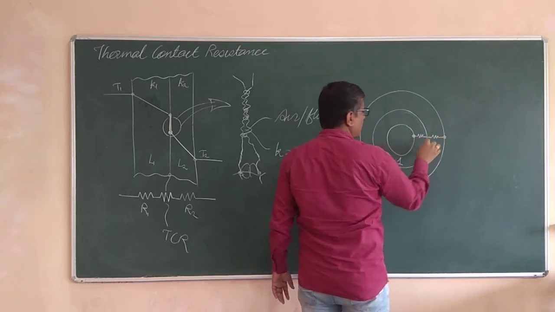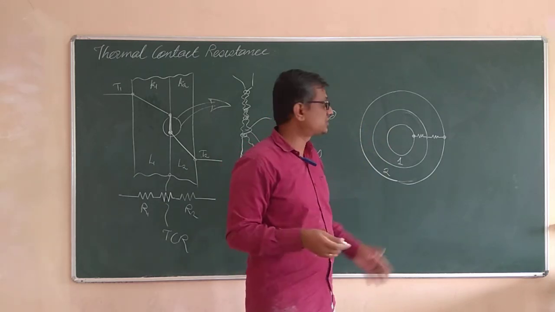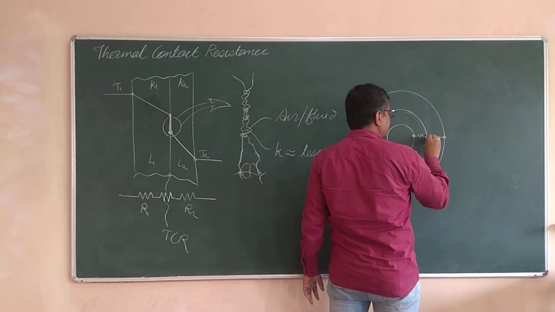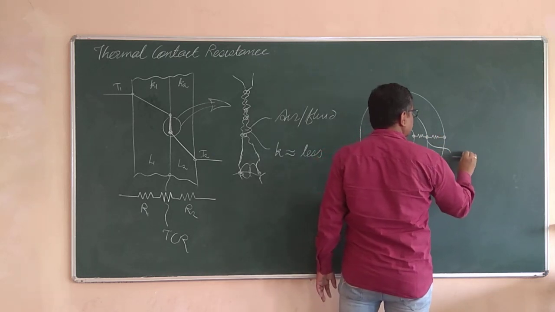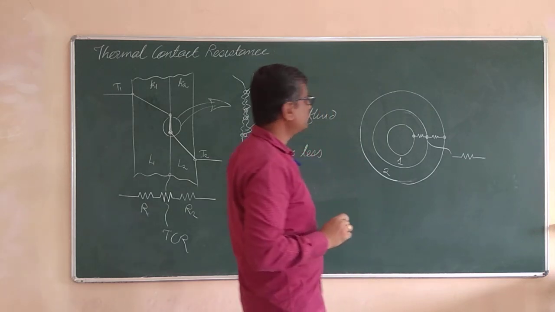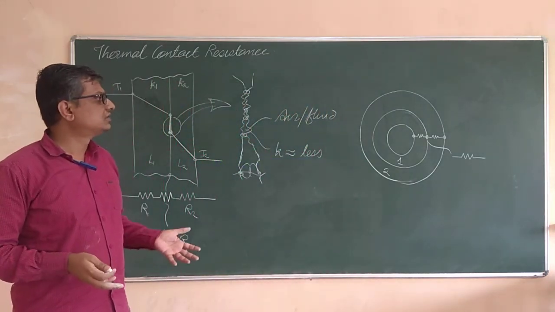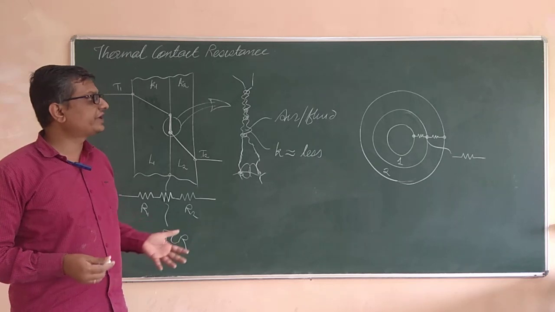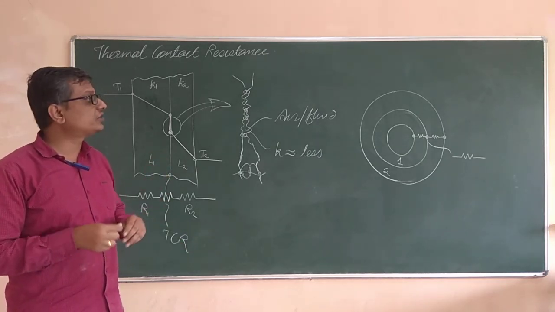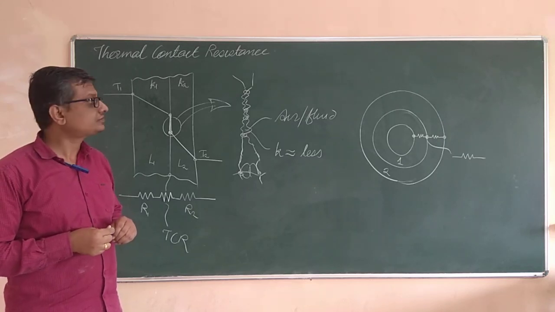But in addition to that, while you are joining these two cylinders by any process, there is a gap in between these two cylinders, and here also there is one resistance, and that is the thermal contact resistance. It is extremely difficult to make it zero, but we can try to reduce that thermal contact resistance by different methods.